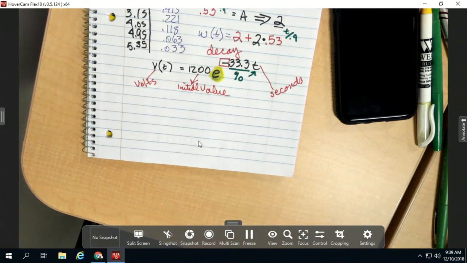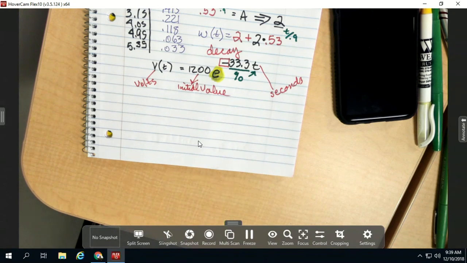Okay, so it's discharging, it's getting less. So that after 1 second, it has gone down, not 33.3%, because it's really a percent written as a decimal. So it's going down 3,330% per second. Okay?